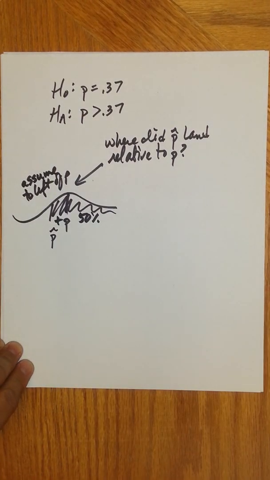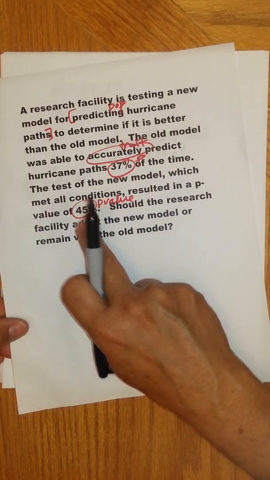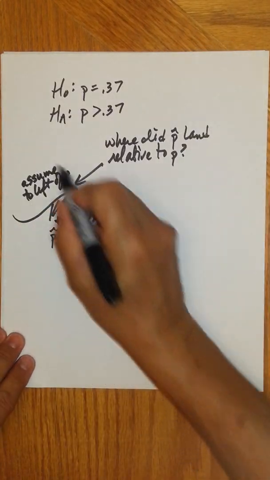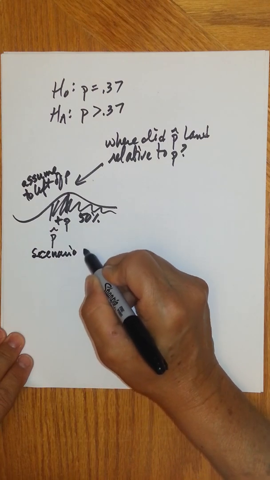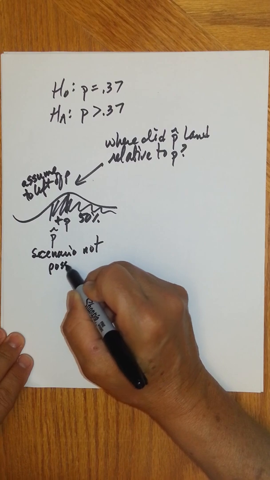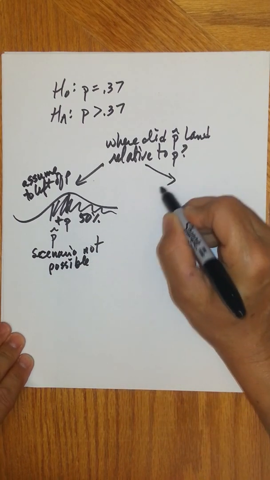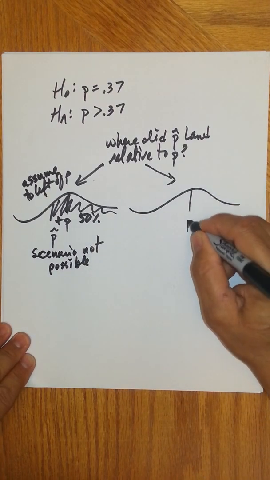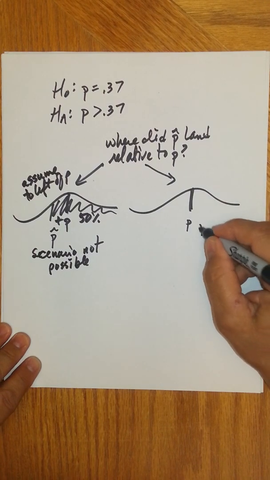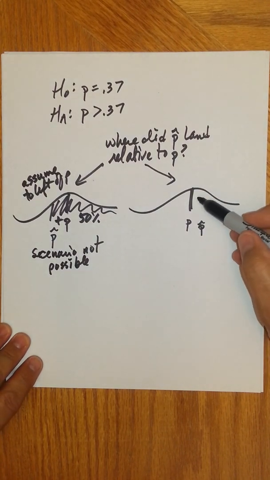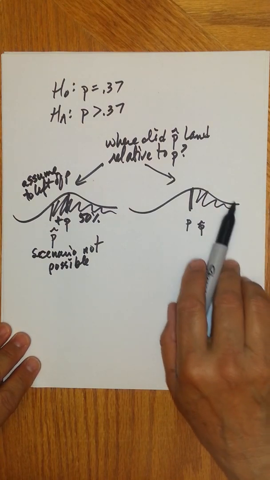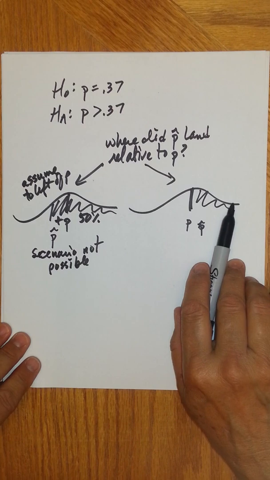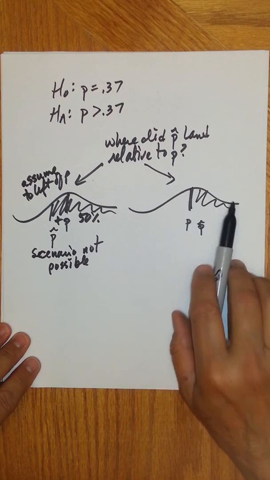But we know the p-value, given our problem, is 45%. So this particular scenario is not possible. So the only other thing that could happen is that p hat must have landed to the right of the mean, because the p-value is less than 50%, less than half the curve.